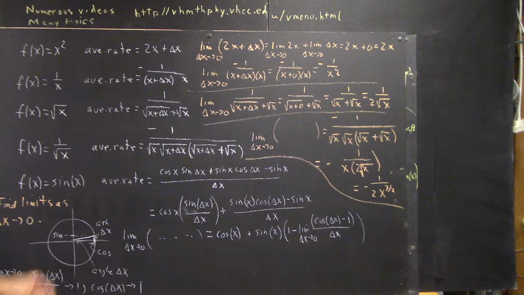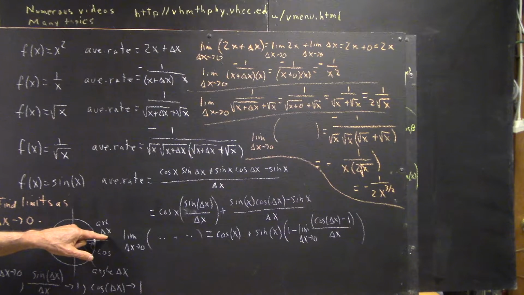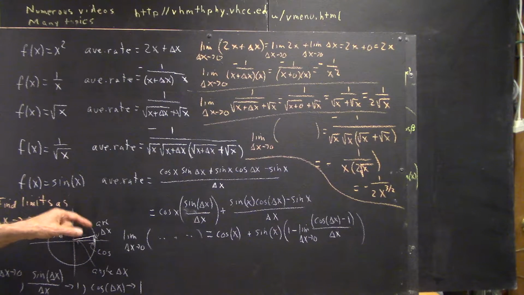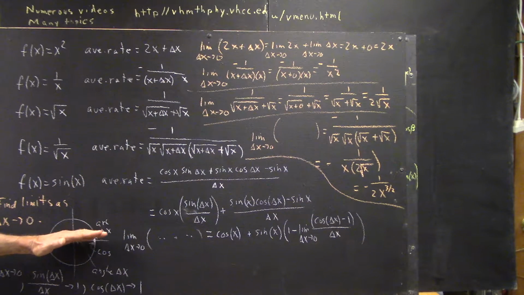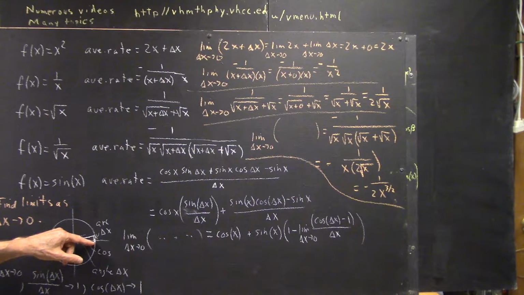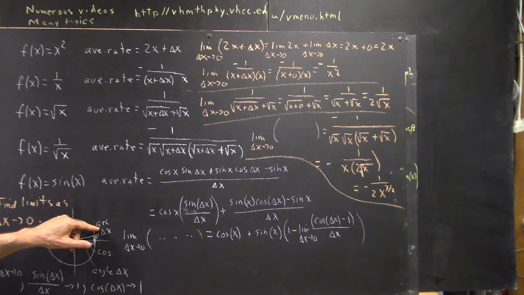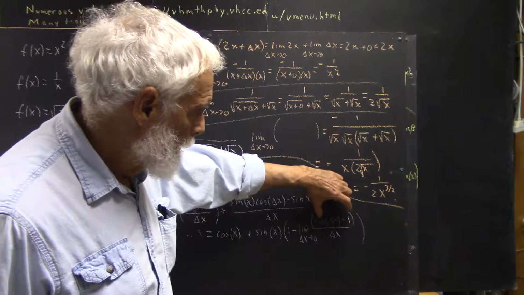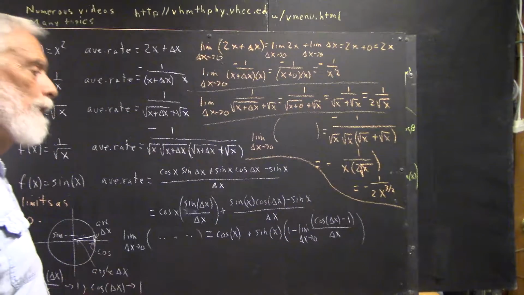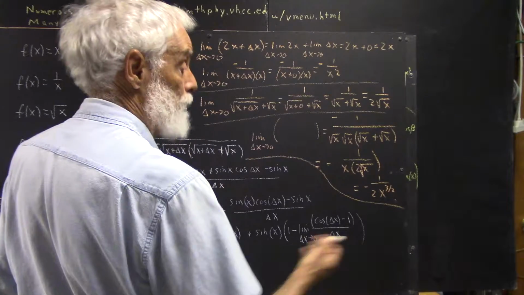You see that this arc is a lot bigger than this little minuscule sliver here. I need to write it with a bigger picture. But it turns out then that since the arc delta x is much bigger than this, as delta x approaches 0, as this angle approaches 0, as this sliver gets smaller and smaller, this one gets smaller very fast, much faster than this one does, so that this representing that little sliver, this representing the arc, gives you a limit of 0.